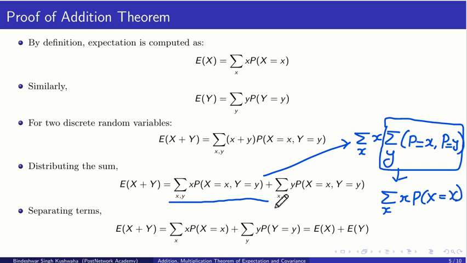The same way you will get summation over y, y, p of y. So this expression will become this one, and that expression becomes this one. And you can observe that these are the expectation of random variable x and the expectation of random variable y. So the point is that this is the marginal distribution. You can write this expression like this, and this is the marginal distribution of x, which means the distribution function of random variable x.